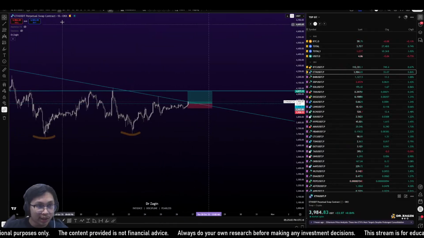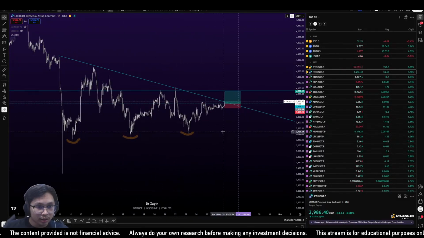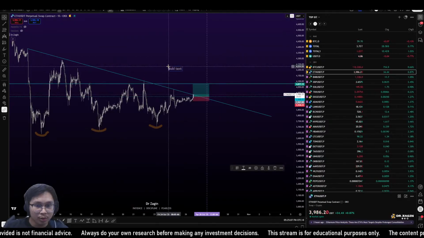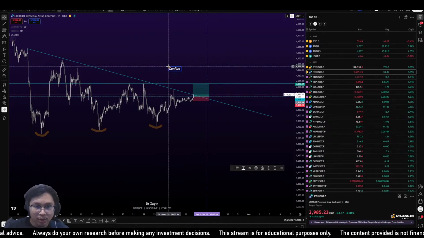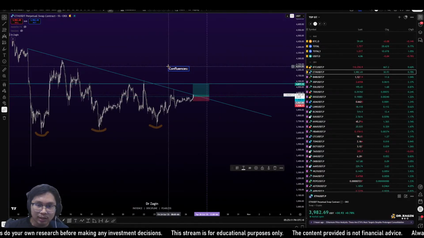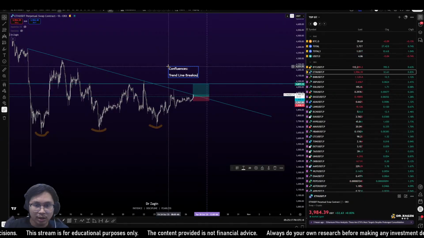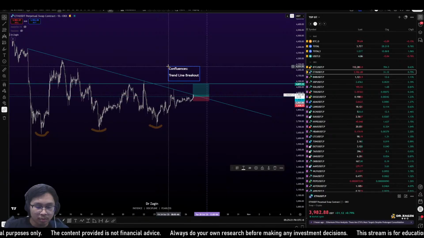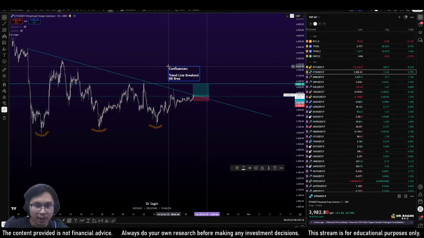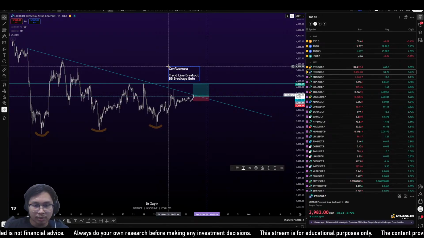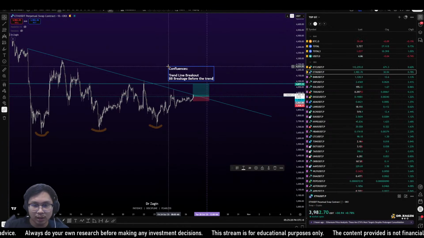Okay, why did we enter? Let's put our confluences. First of all, trend line breakout. BB breakage before the trend line.